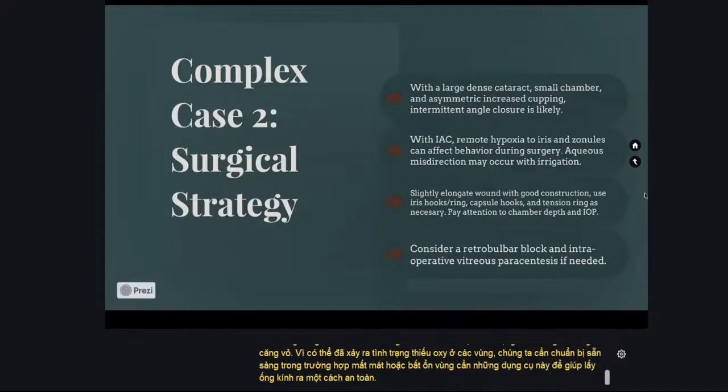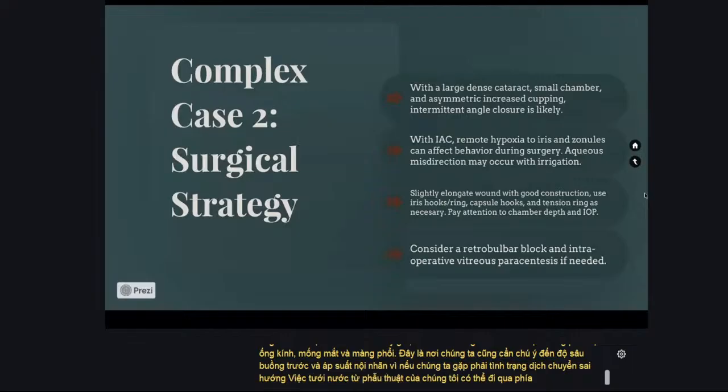Now, earlier we were talking about lens iris diaphragm retropulsion syndrome. This is a place where we also need to pay attention to the anterior chamber depth and the intraocular pressure because if we experience aqueous misdirection, the irrigation from our surgery might be going behind the iris through the weak zonules and into the vitreous.